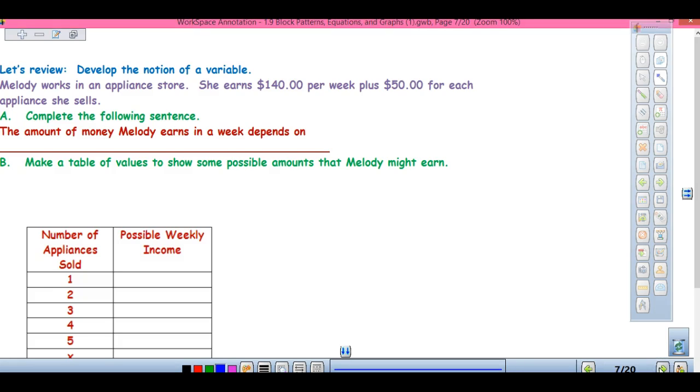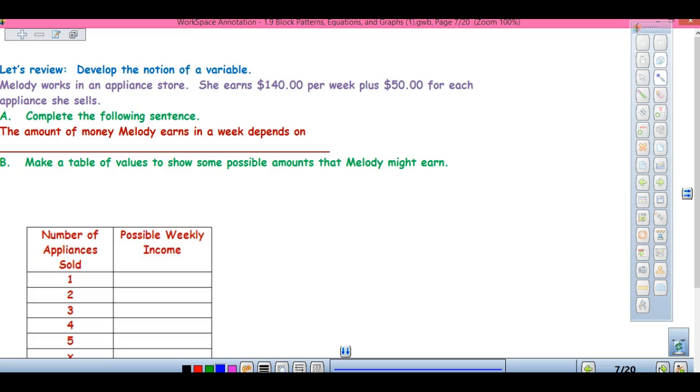All right, so it says Melody works in an appliance store. She earns $140 per week plus $50 for each appliance she sells. Okay, so we need to write ourselves an equation.